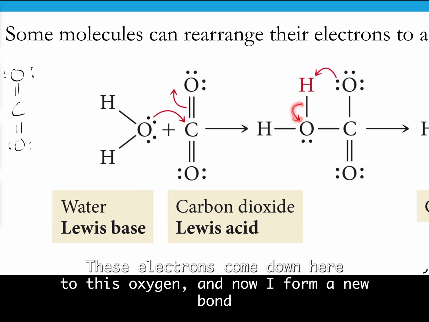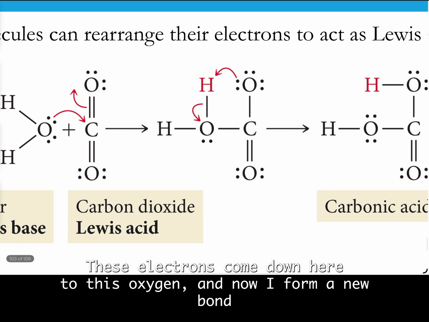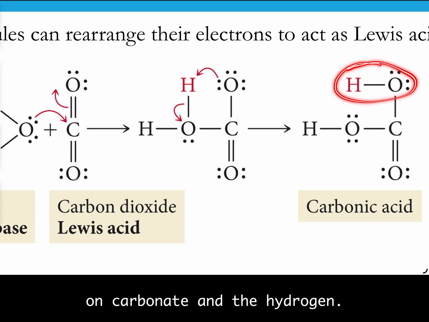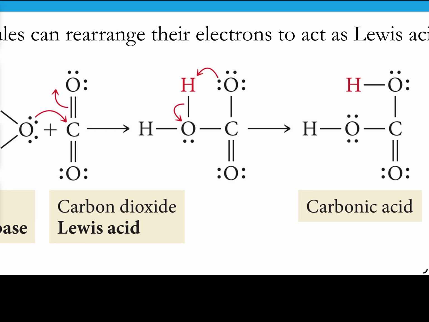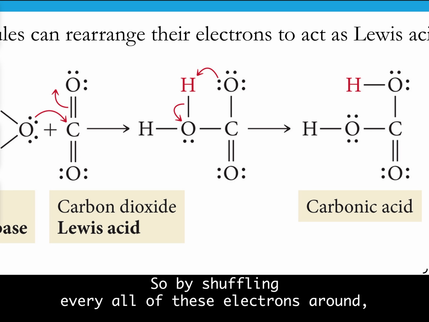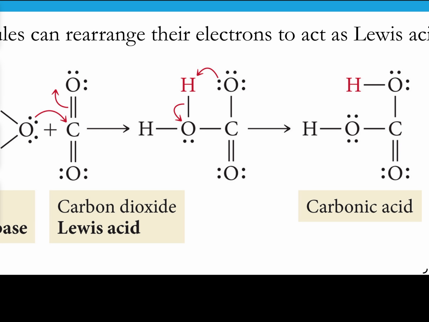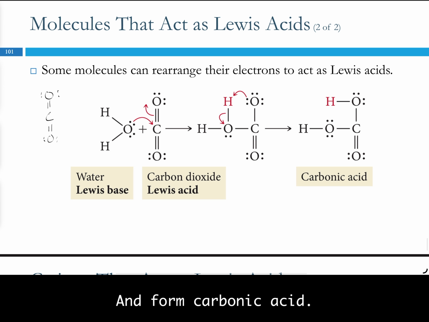These electrons come down here to this oxygen, and now I form a new bond between that top oxygen on carbonate and the hydrogen. So by shuffling all of these electrons around, I can get to a compound that doesn't have any formal charges and form carbonic acid.